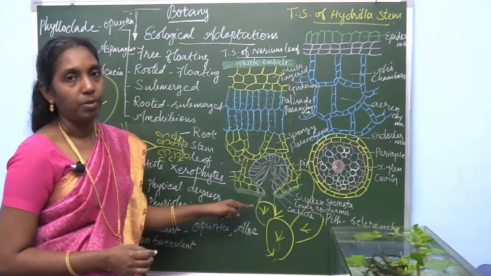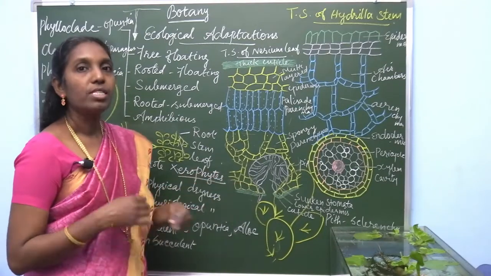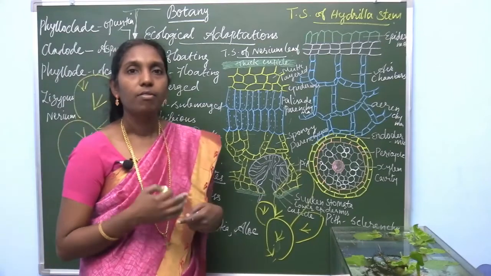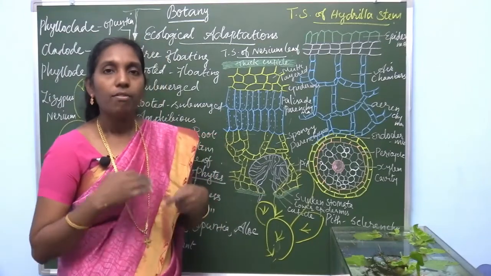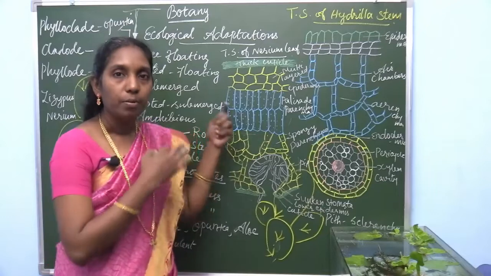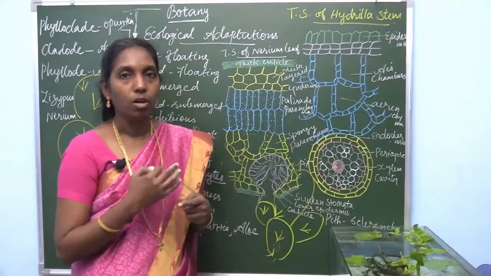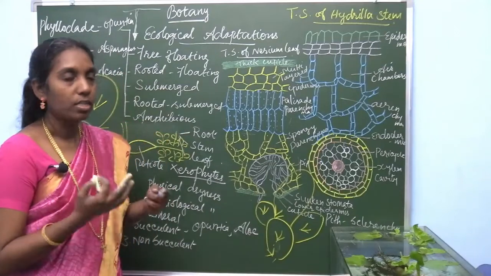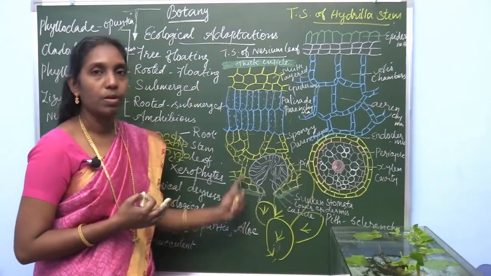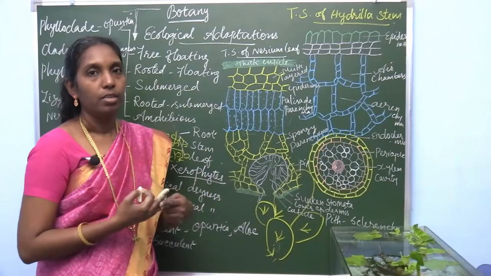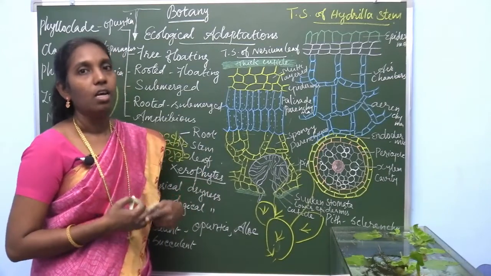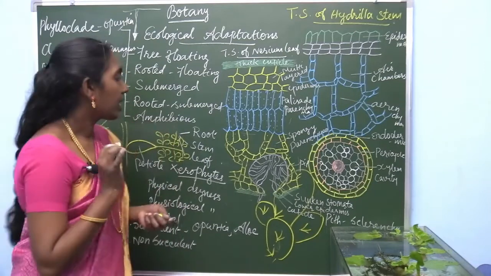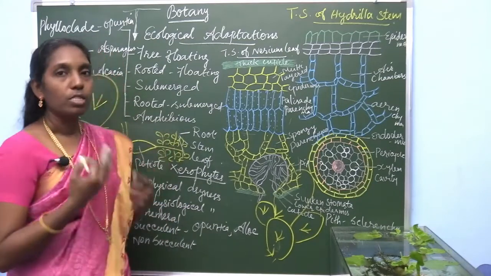Anatomical adaptations are done; one more, physiological adaptations. What are the physiological adaptations? Physiologically, xerophytic plants are designed so that a number of physiological processes within the plant body reduce transpiration. What is meant by transpiration?